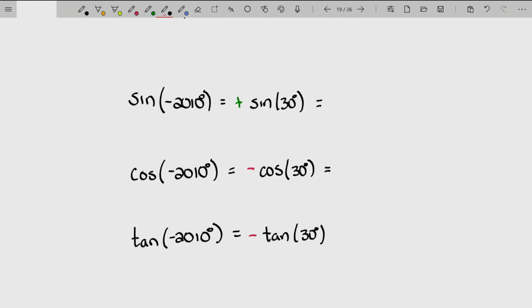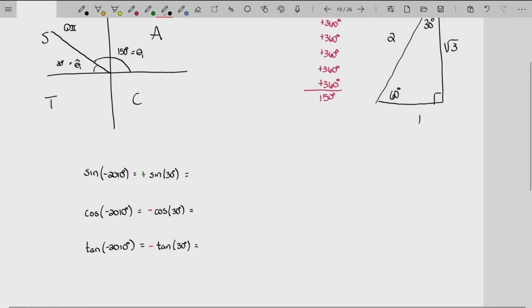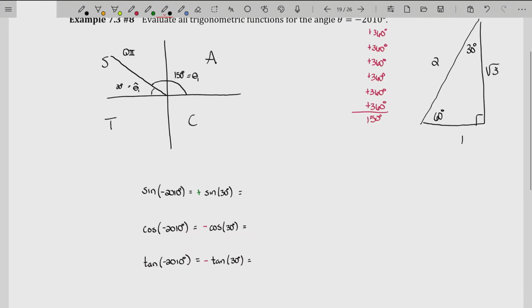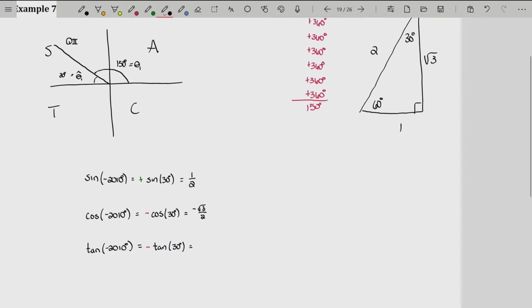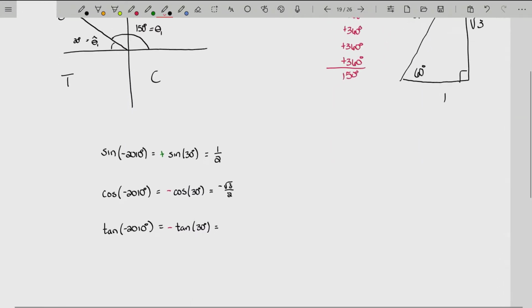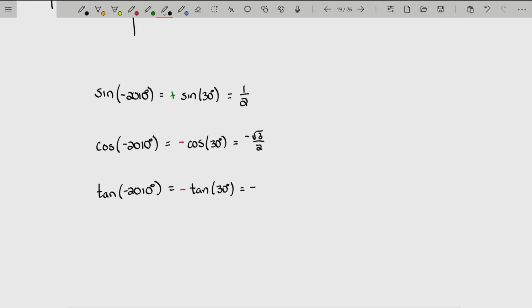And we can just go to our right triangle over here. The sine of 30 degrees is opposite 30 over hypotenuse, or 1/2. The cosine of 30 degrees is adjacent to 30 over hypotenuse, root 3 over 2, with a negative. So negative root 3 over 2. And then the tangent is opposite over adjacent, 1 over root 3, negative.